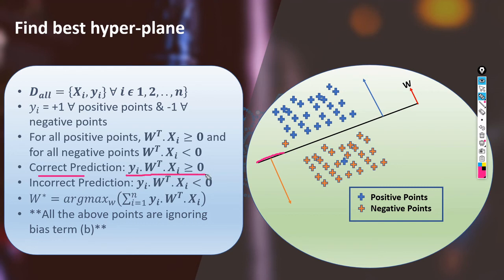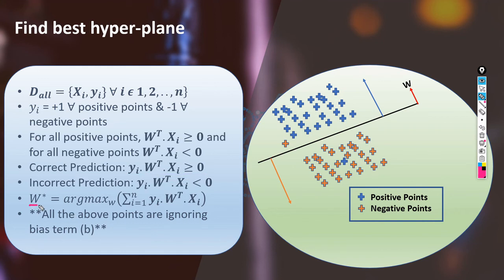So if we have 100% correct predictions, all the signed distances will be positive, and their summation will be positive. So from the optimization point of view, we have to find the best w, that means the best hyperplane, where the summation of all the signed distances will be maximized.